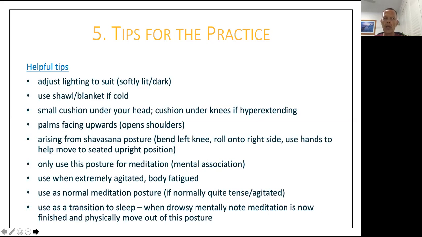Now, initially, if you're only just beginning to use this posture, you may find that the first few times you do it, you get very drowsy. That's because we have this mental association that a horizontal body means sleep.